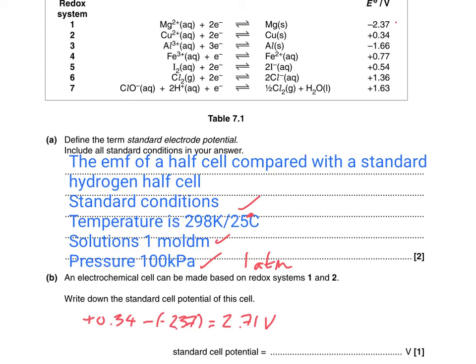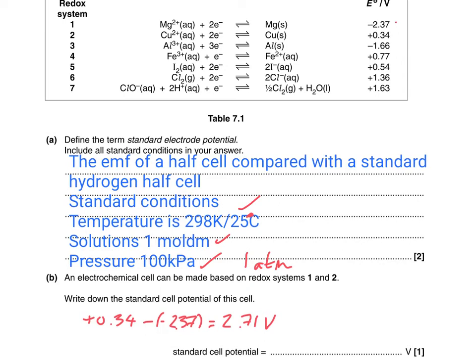Okay. The next part is asking you to write 3 equations based on equilibrium of 3, 4 and 5. So remember, whichever one is more negative goes in the backwards reaction, and whichever one's more positive goes in the forwards reaction.